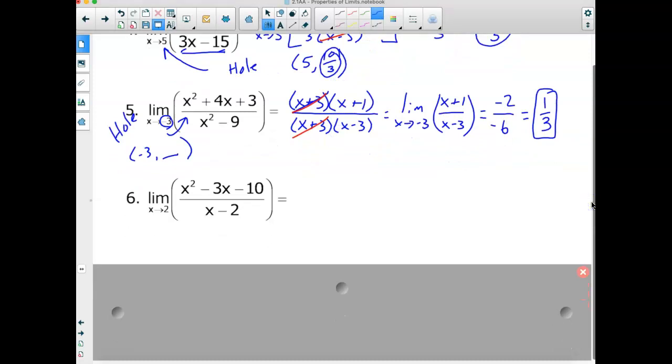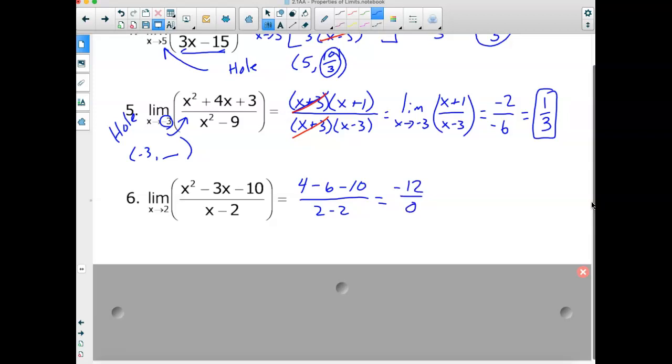So here I'm going to come to the next one. What did I say I always do? I always direct substitute in. So when I plug 2 in, 2 squared is going to give me 4 minus 6 minus 10 over 2 minus 2. That gives me what? That gives me negative 12 over 0.